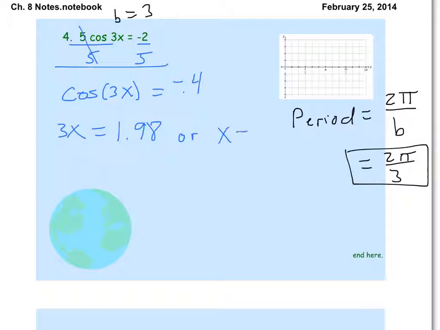Now here we have to remember our rules. If we're taking an angle and looking at its cosine value, in 8.1 we saw the rule is if we want to generate the other angle that has that cosine value, we do 360 minus that angle. So I need to do 2 pi minus 1.98, and I get 4.30.